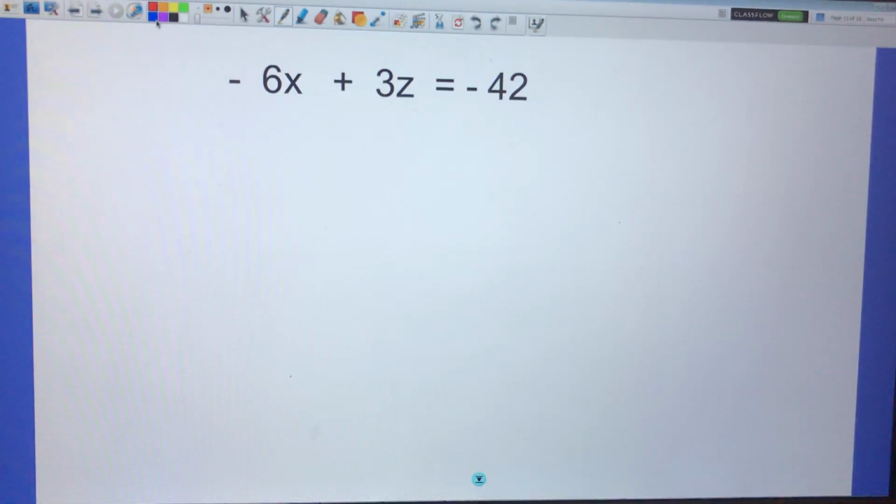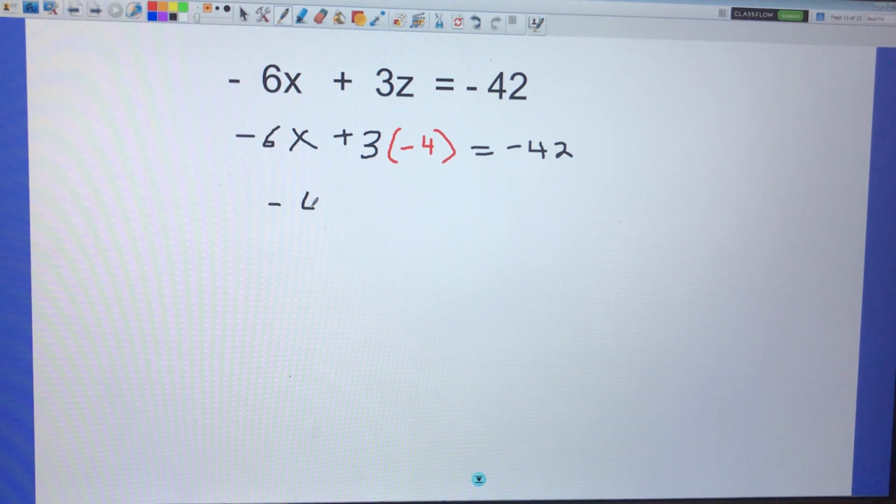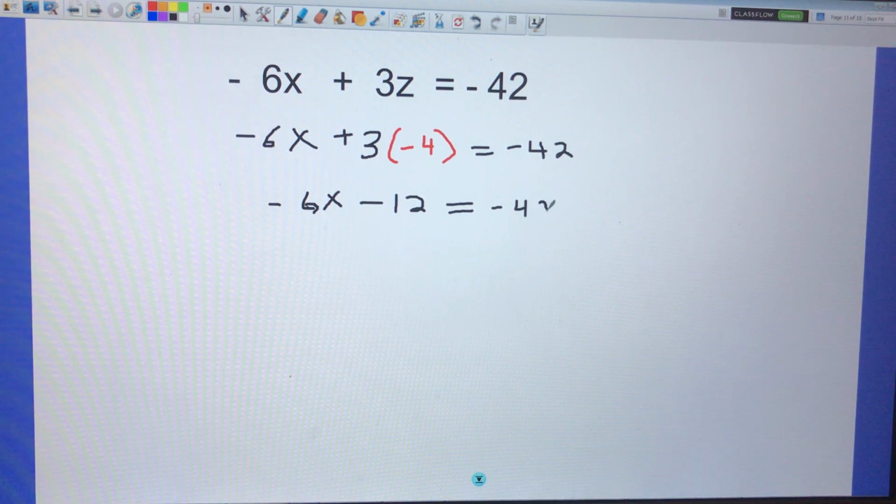Plug in the z. So it's going to be negative 6x plus 3 times negative 4, because I figured out that z is negative 4, equals negative 42. I'm going to solve it. Negative 6x minus 12 equals negative 42.